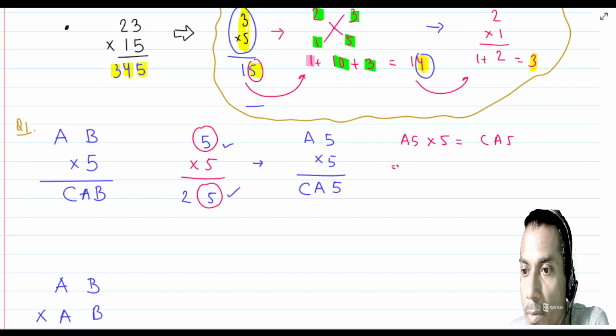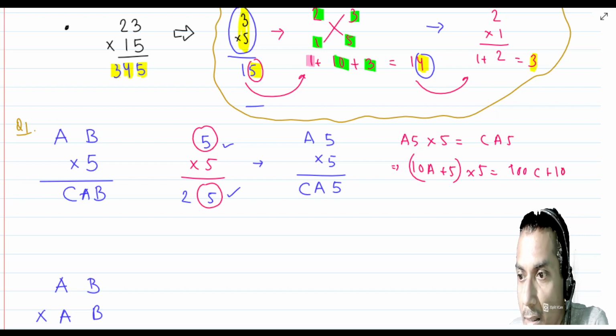In the expanded form we can write 10a plus 5, multiplied by 5, is equal to 100c plus 10a plus 5. Clear?